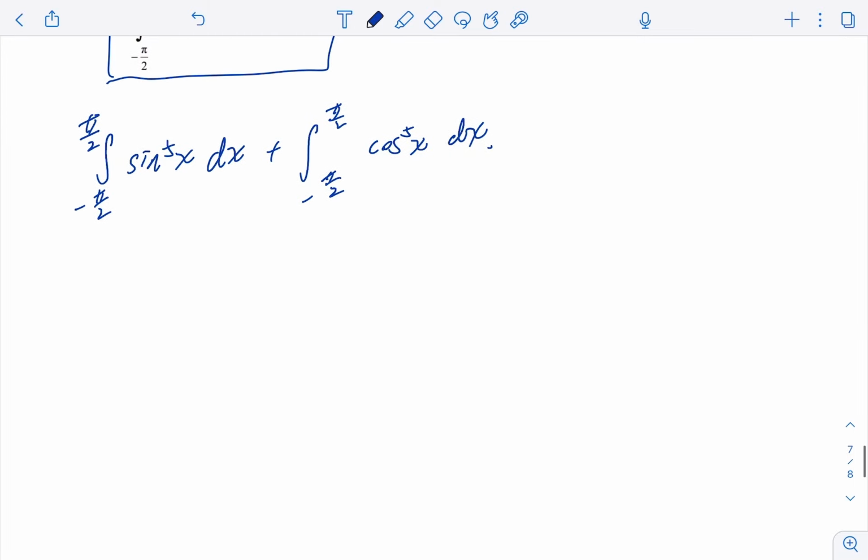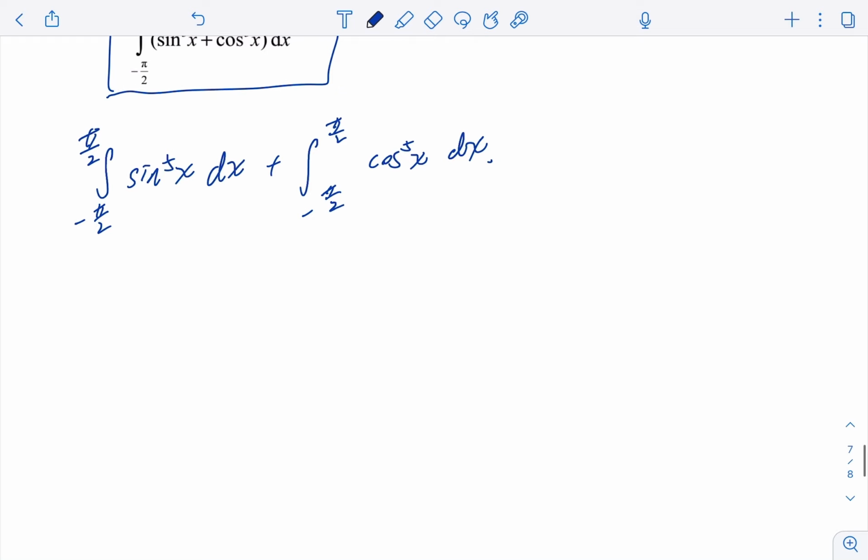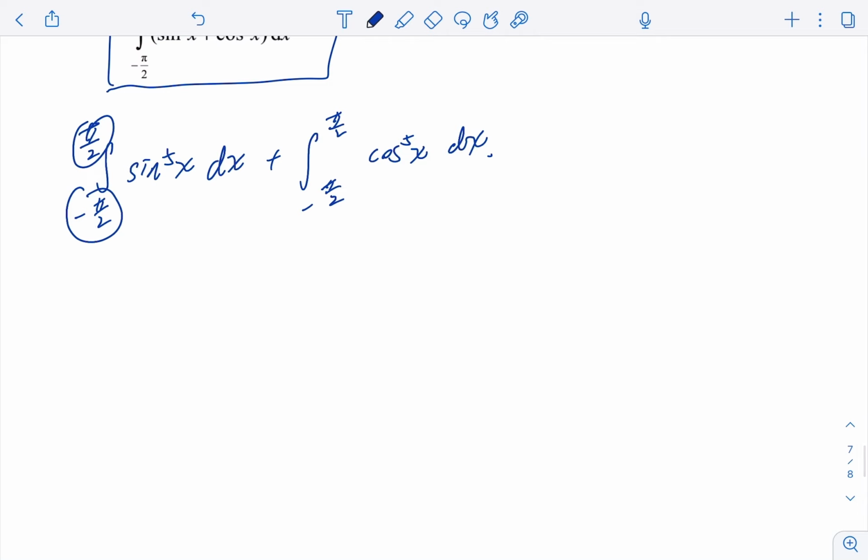So sine to the fifth x is an odd function, and because the two limits here are the same but with different signs, when we integrate an odd function like this, the integration will just equal 0. Okay.